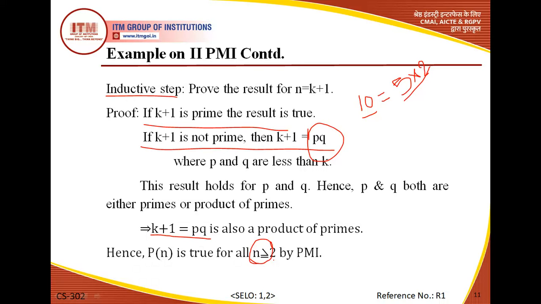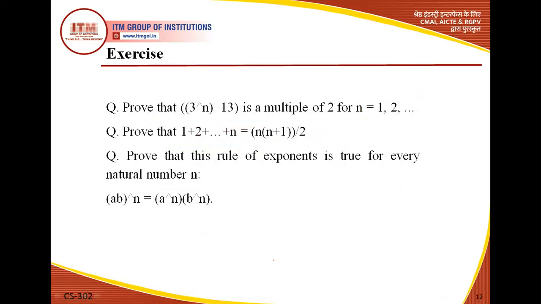So this second principle is also known as the strong principle of mathematical induction. This gives you the freedom of choosing any starting point. But in the previous principle of PMI, we have to start from n equals 1. I hope both the principles of PMI are clear.